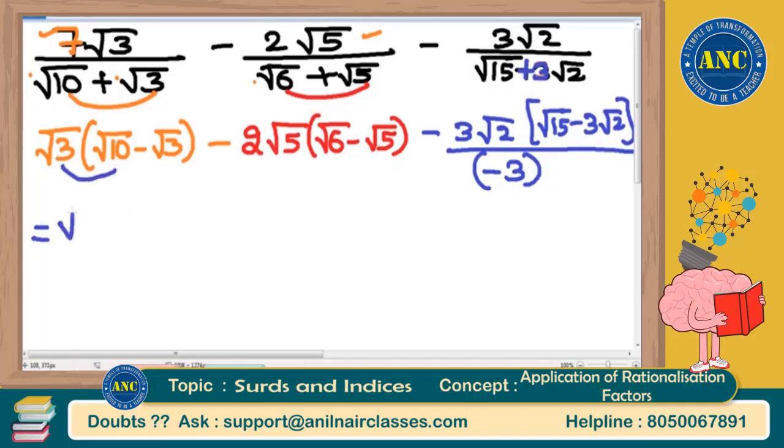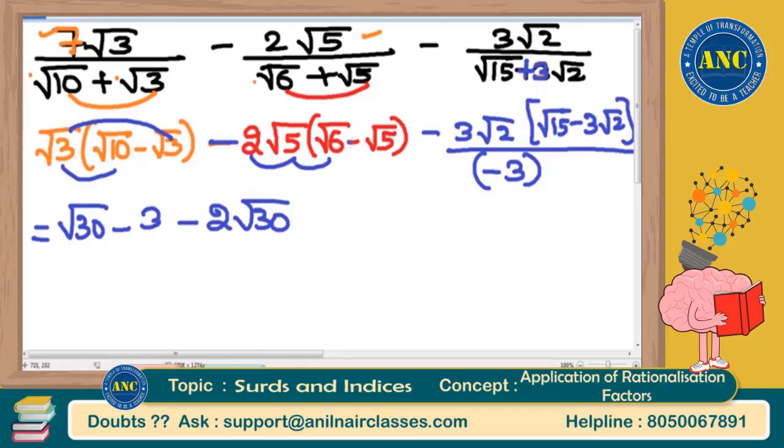Root 3 into root 10, root 30, root 3 into root 3, it is 3, 2 into root 5 into root 6, it is 2 root 30, next minus into minus is plus, 2 into root 5 into root 5, 2 into 5 is 10, plus, now minus 3 will cancel with minus 3. So this entire thing will become plus now.